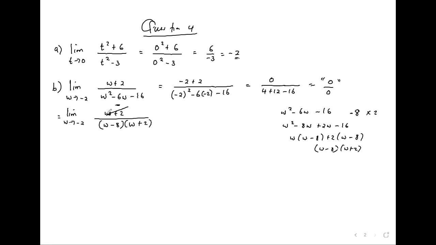So this and this can cancel. Well, now we have w goes to negative 2, 1 over w minus 8. Let's try and see if we can now substitute: 1 over negative 2 minus 8, giving us 1 over negative 10. This is the limit.